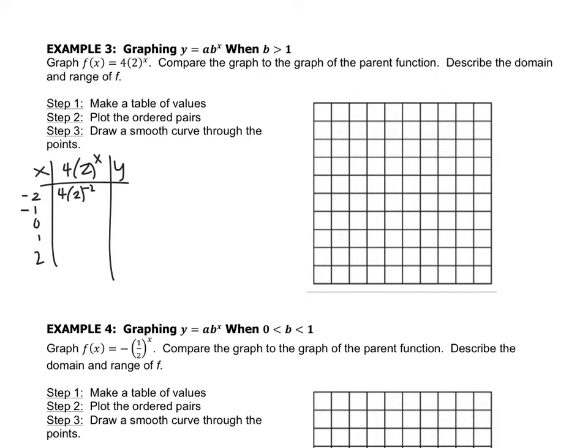So this gives me 1. Then I have 4 times 2 to the -1. That is 2. 4 times 2 to the 0 is 4. 4 times 2 to the first is 8. And 4 times 2 to the second is 16.